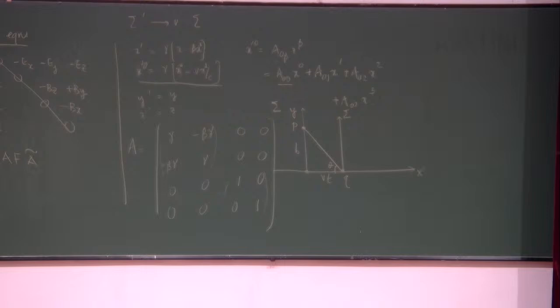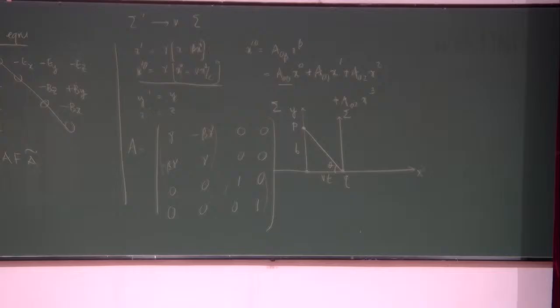There are 6 components: Ex, Ey, Ez, Bx, By, Bz. So let us start with Ex. Minus Ex prime is equal to F prime 0, 1, right?